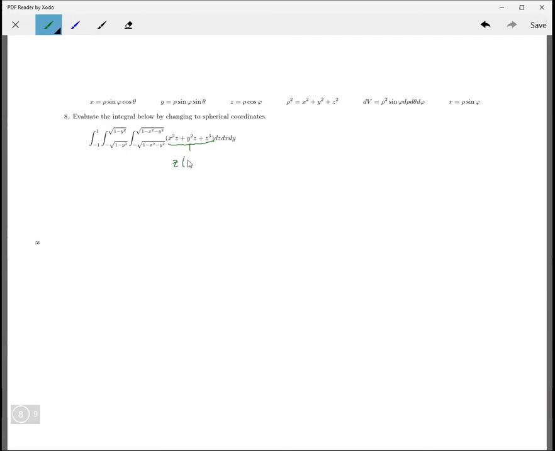If you factor a z out, you get this. So that's really going to be z times rho squared. Right here, these limits right here, you should think of it this way.